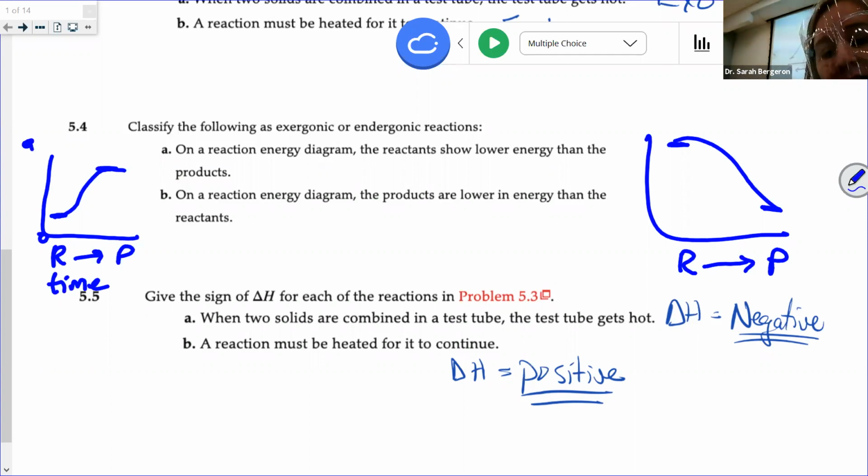This one on A, let me abbreviate it, A and B, right? On A, how hard am I going to have to pedal to get from reactant to products? I'm going to have to pedal hard. I'm going to have to put a lot of energy in. Is that going to be a spontaneous reaction? No. How about B? Is B going to be a spontaneous reaction? Right? It's easy.